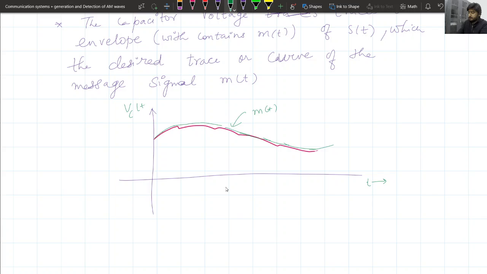This is VC(t). So this is how the envelope detection is done.